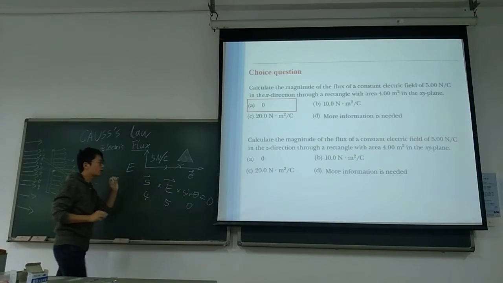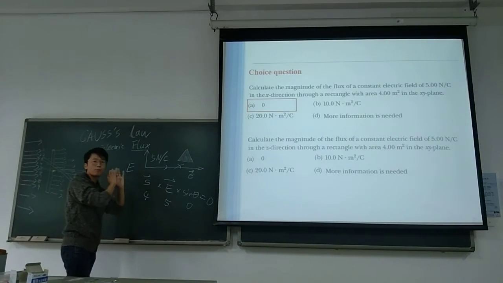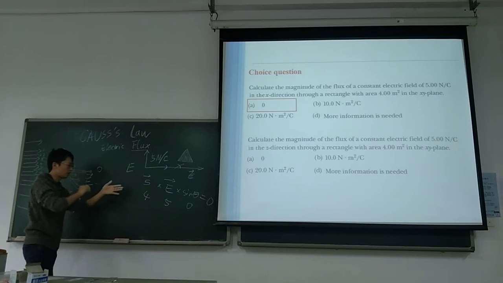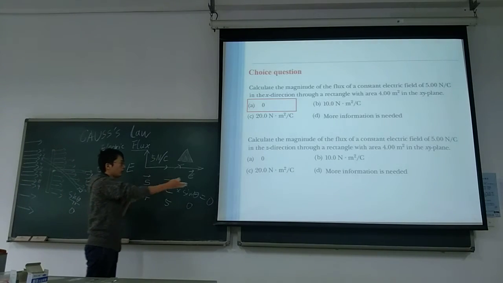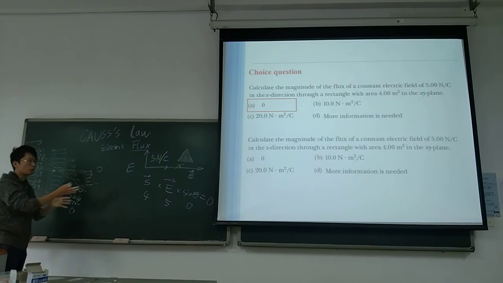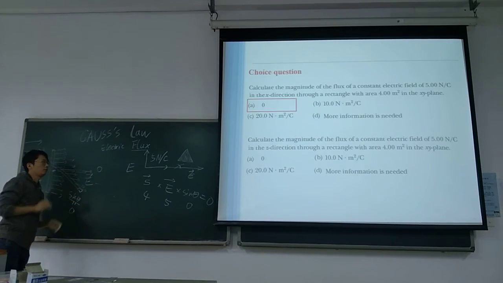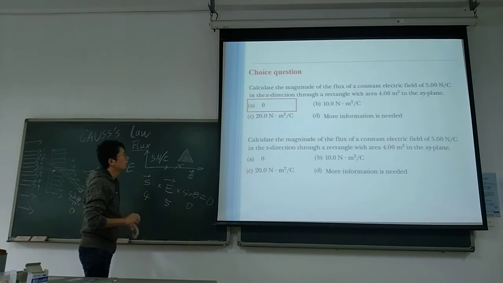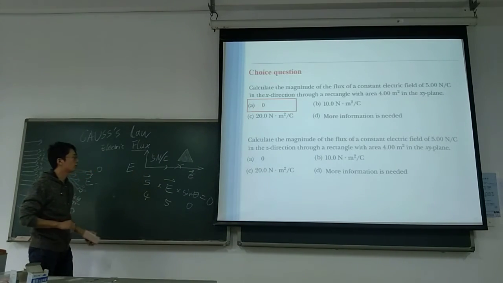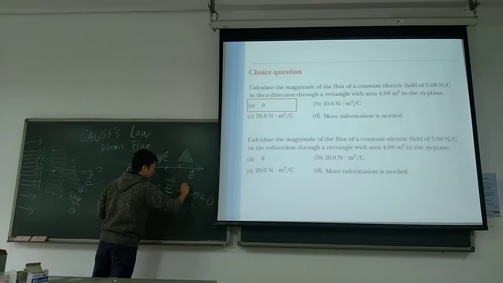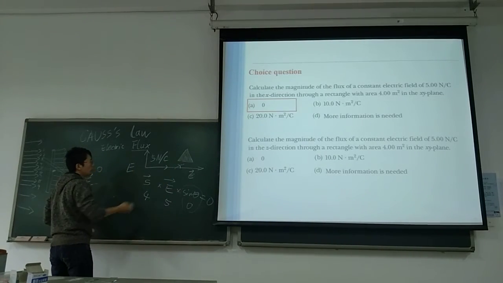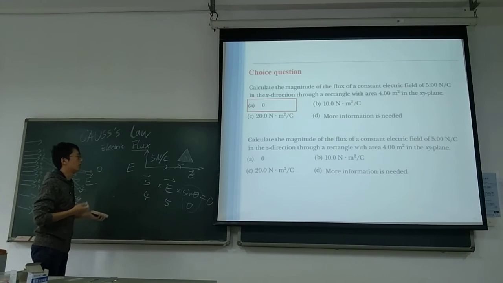Which means the surface of the rectangle is parallel to the electric field, and the electric field just passes along the rectangle, so no flux will penetrate the rectangle. Therefore, the final magnitude of the electric flux equals 0. Or you can say because sine theta, the angle between the rectangle and the electric field, is 0.